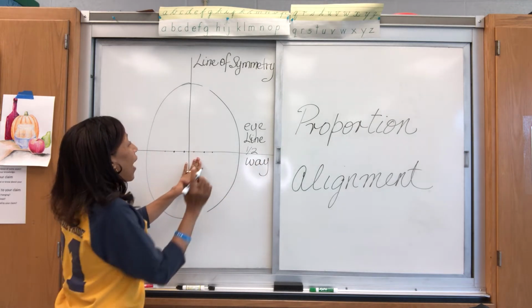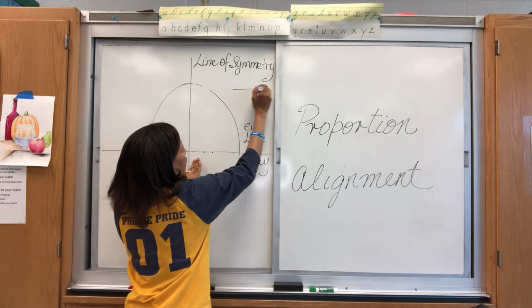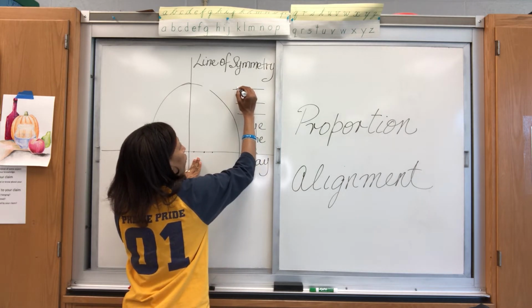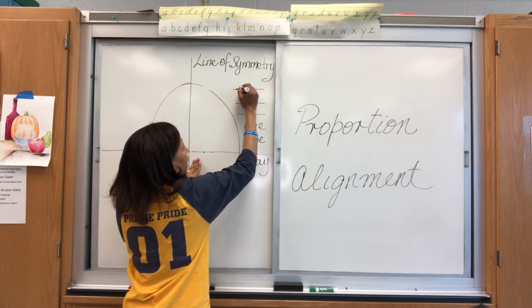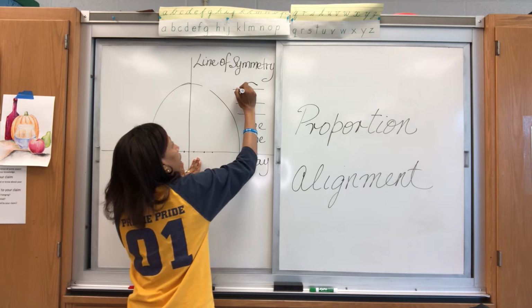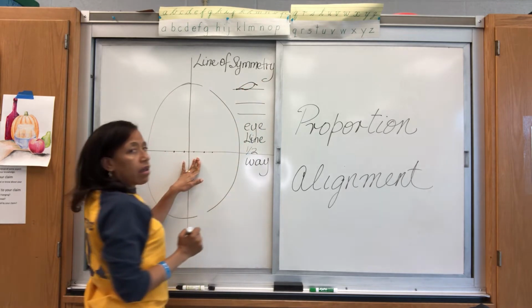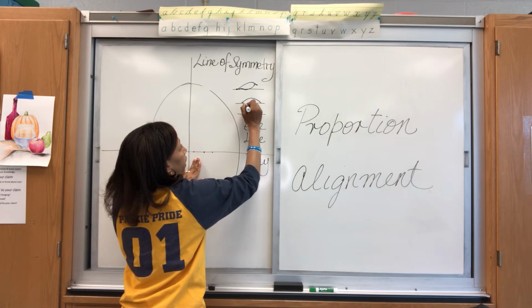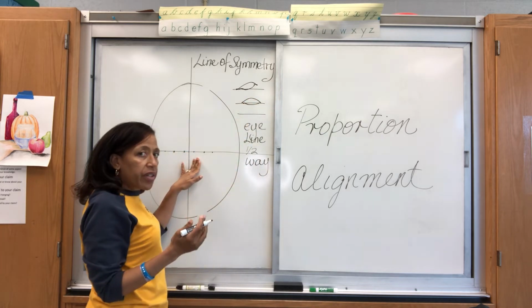Okay, so the type of eyes that we can have on the eye line: some eyes begin on the eye line and end above the eye line, like that. So they go up like an almond. Some eyes begin on the eye line and end on the eye line. Very simple.